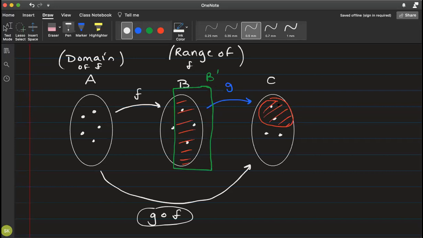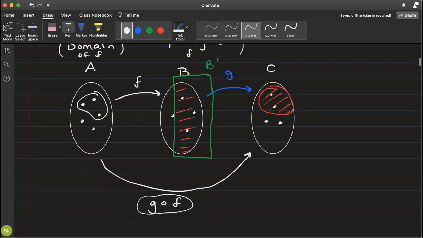And then we're finding where they're sent in the set C here. So we had maybe these elements are sent to this portion here, and then those elements are sent here. And so g composed of f is like skipping this middle step. We're taking these three elements and sending them here, rather than going from here to here and then to here.